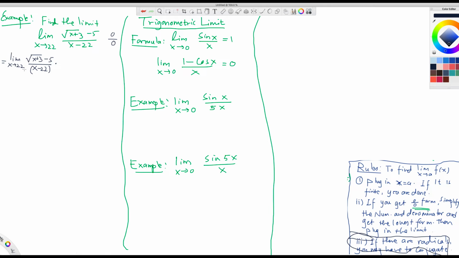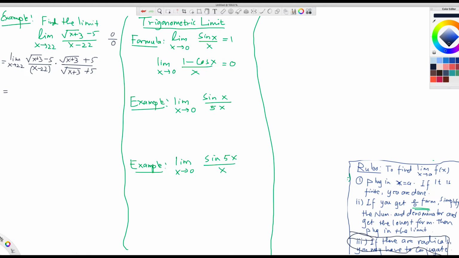If there is a root in the denominator, you multiply by the conjugate of the denominator, okay? That's what you do. So you multiply by root x plus 3 plus 5 over root x plus 3 plus 5, okay?